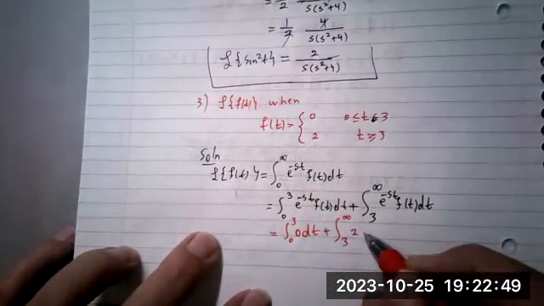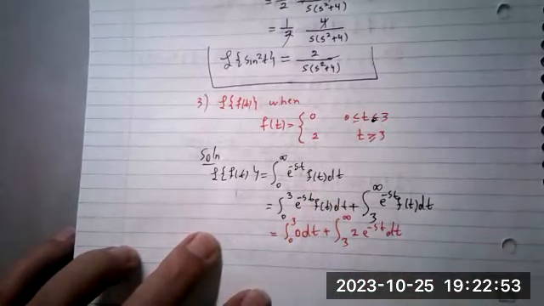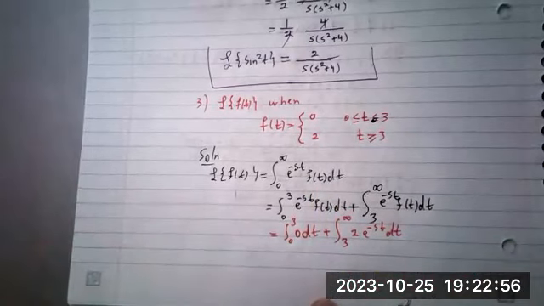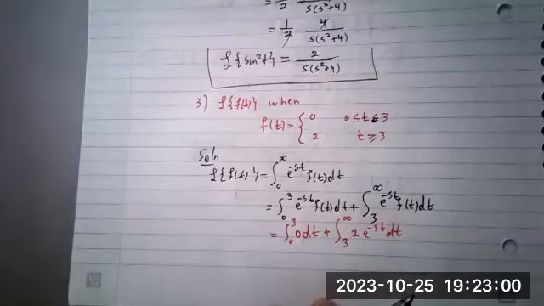So that gives you 2 e to the negative st dt. It's going to be a piecewise defined function. It depends on how many intervals you have. You have to break it: 0 to 3, because you have the definition for 0 to 3, and 3 to infinity.